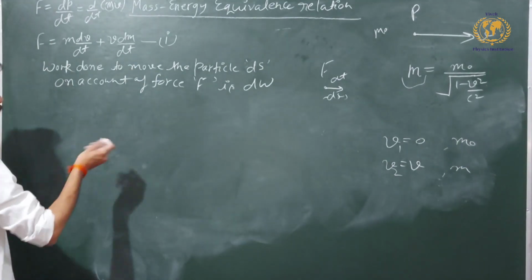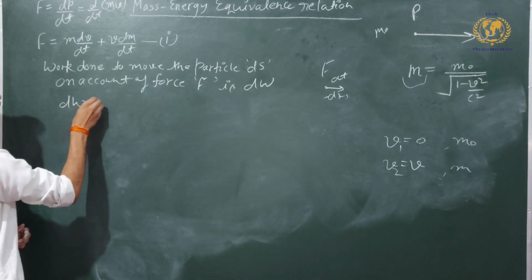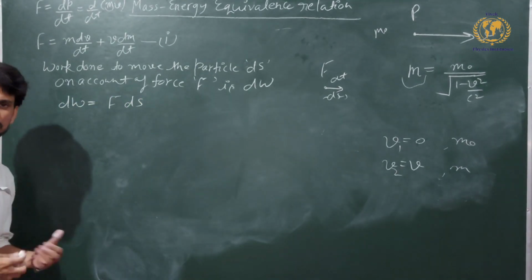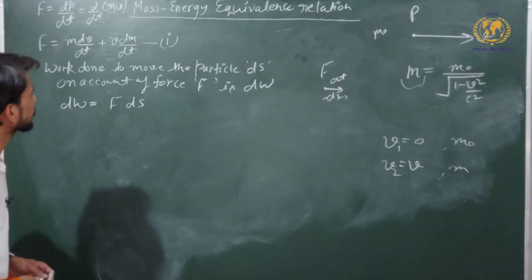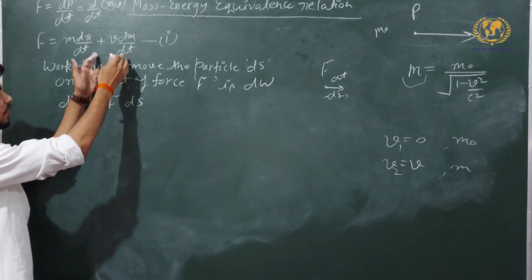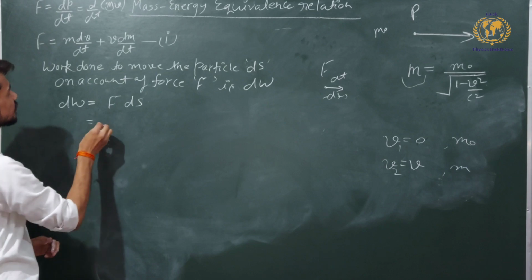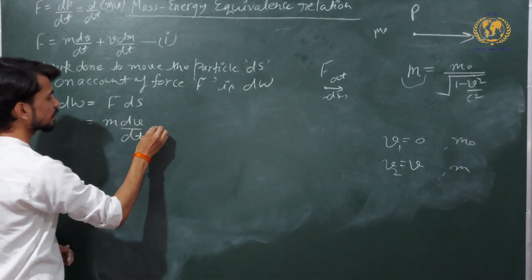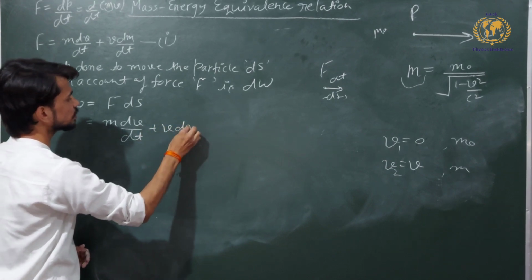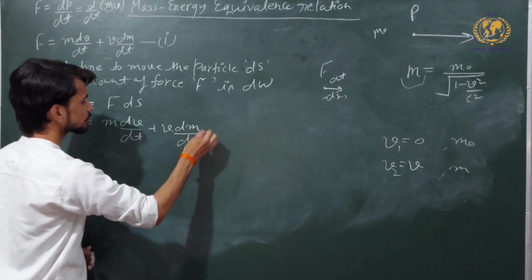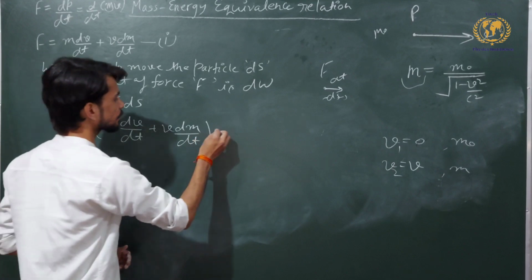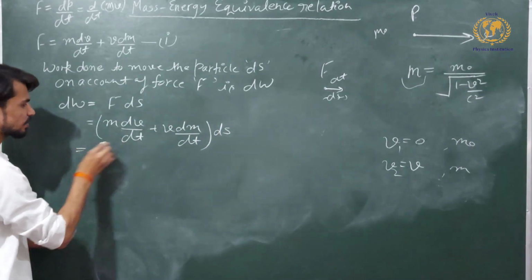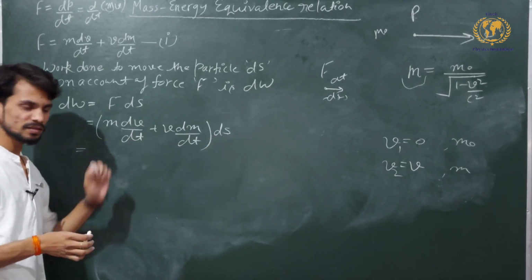Work can be found as F into ds: force times displacement gives the work. So I can put the value of force from equation 1 here: m dv over dt plus v dm upon dt, multiplied by ds. Let's solve this by multiplying by ds in the bracket.